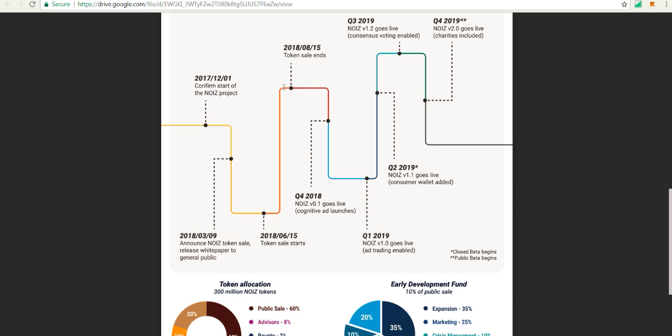And in quarter 4 itself, NOIZ version 0.1 goes live. Cognitive ad launches. So 2018 is going to be pretty exciting for the NOIZ team. Of course, they'll be able to complete their ICO, and collect and raise funds, and in the same year, later in quarter 4, they go live with their platform as well.